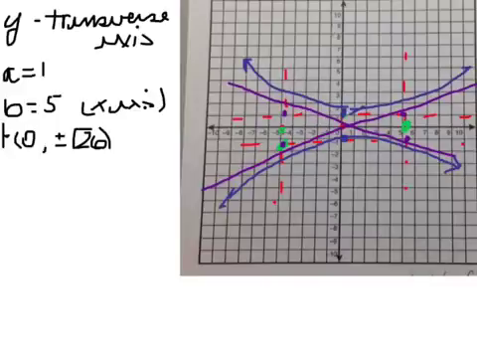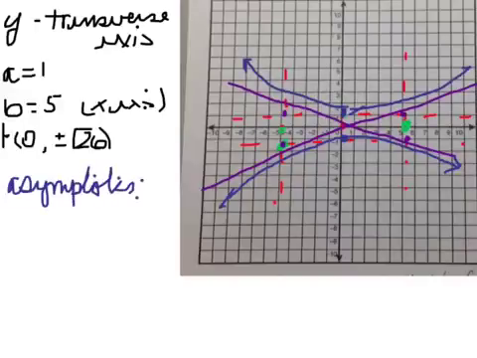The one thing I haven't answered from the oral exercise is what's the equation of the asymptotes? Now, your book gives you a way to do this without counting it. You could count it off the graph if you wanted to, but for an equation where you have a positive y squared term, which is what we had here, the asymptotes are y equals a over b x, and y equals negative a over b x.